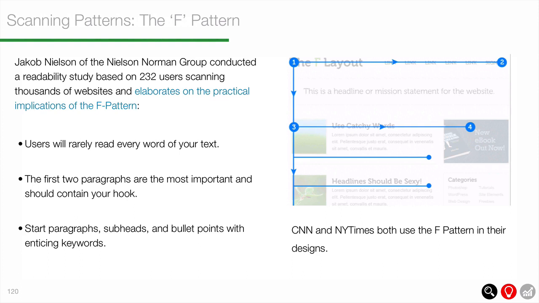And the Nielsen Norman Group conducted a readability study based on 232 users scanning thousands of websites, and it elaborates what we already knew about the F pattern. Users rarely read every word of text. So when you're thinking about designing your content, you need to think about how users can actually scan through this and find exactly what it is that they're looking for.